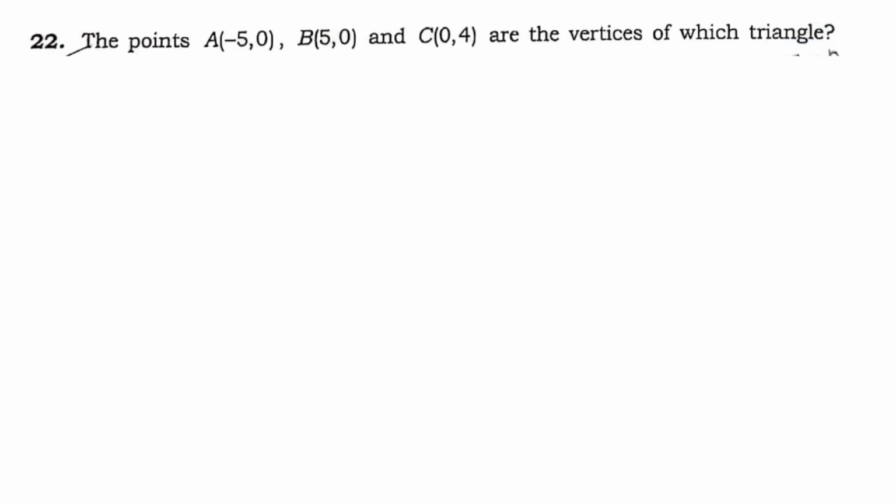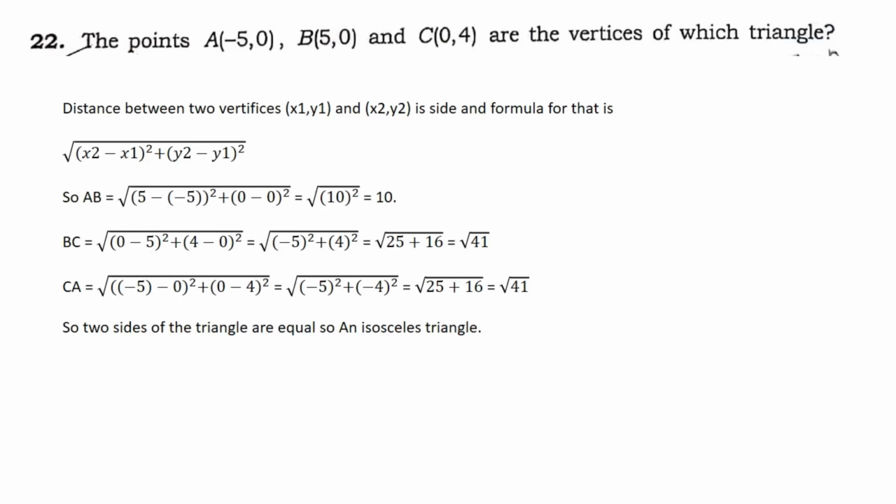So next question, the points A (minus 5, 0), B (5, 0) and C (0, 4) are the vertices of which triangle? Okay, so we need to find the type of triangle formed. For that, we have to find the distance between two vertices, right?